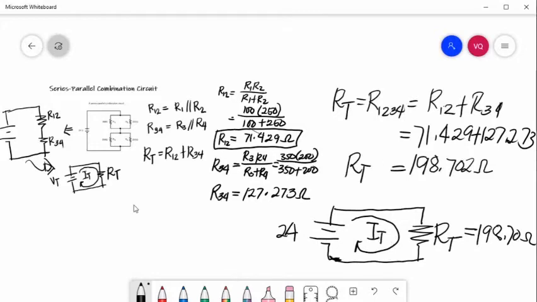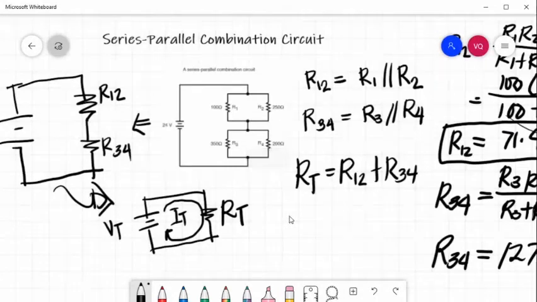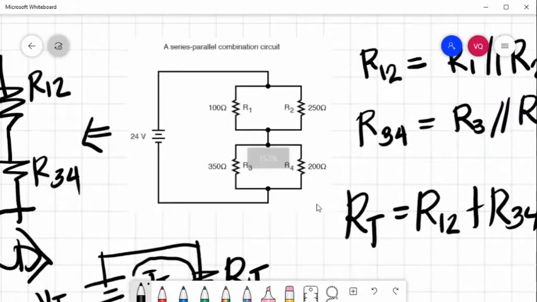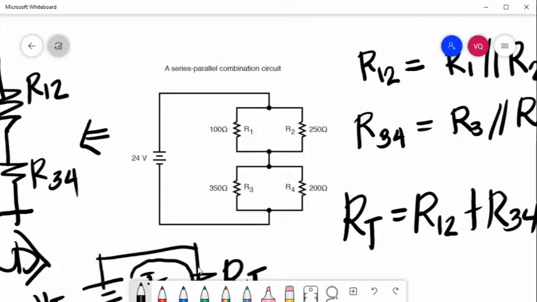So in this figure, the direction of your currents will be, this is your total current, and it will divide into two branches.